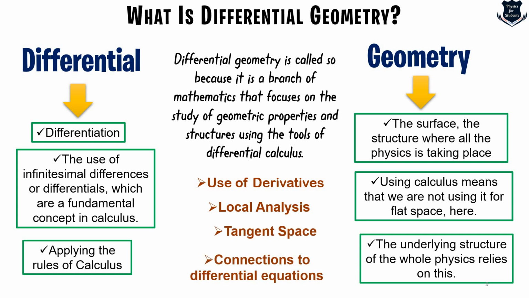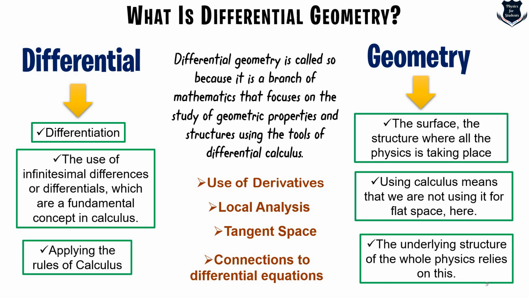We also deal with tangent space, which is a key concept in differential geometry. In the notion of tangent spaces, we describe the local behavior of curves and surfaces and connections to differential equations, because many problems involve solving differential equations that describe how geometric objects change in response to various factors.